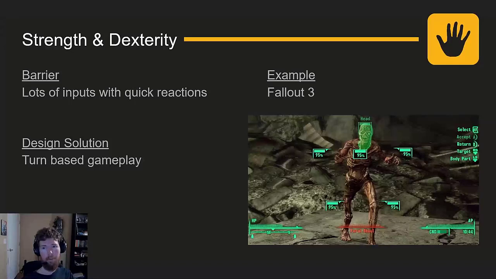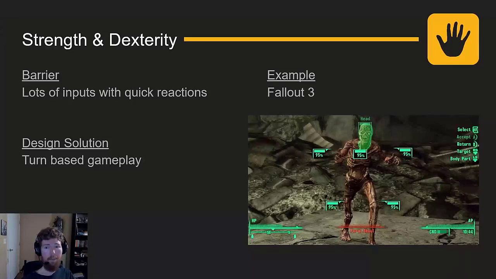So, strength and dexterity barriers. This barrier area is where my lived experience primarily lies. For me at least, first-person shooters can be tough. There are lots of inputs in rapid succession, and that creates a number of barriers for me.